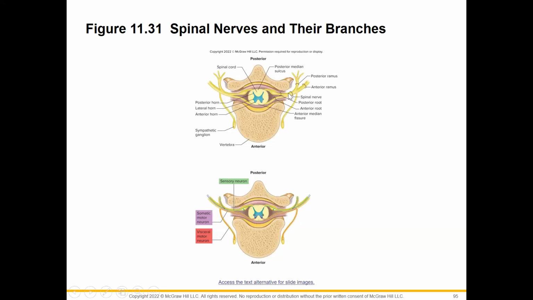Then that spinal nerve starts to divide so that it innervates different parts of the body. Once it divides, you have a posterior portion, or posterior ramus, and an anterior portion, or anterior ramus.